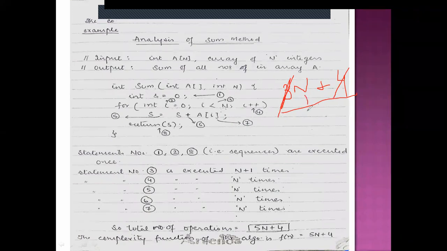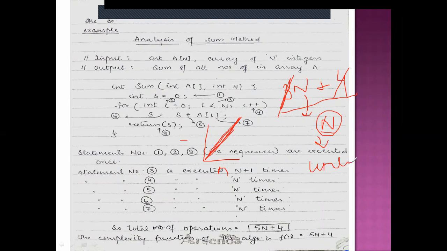What is important? Important is that the relationship between the time complexity and the number n is n. That means as you increase the value of n, the complexity also increases in the same manner. That means the relationship is linear.